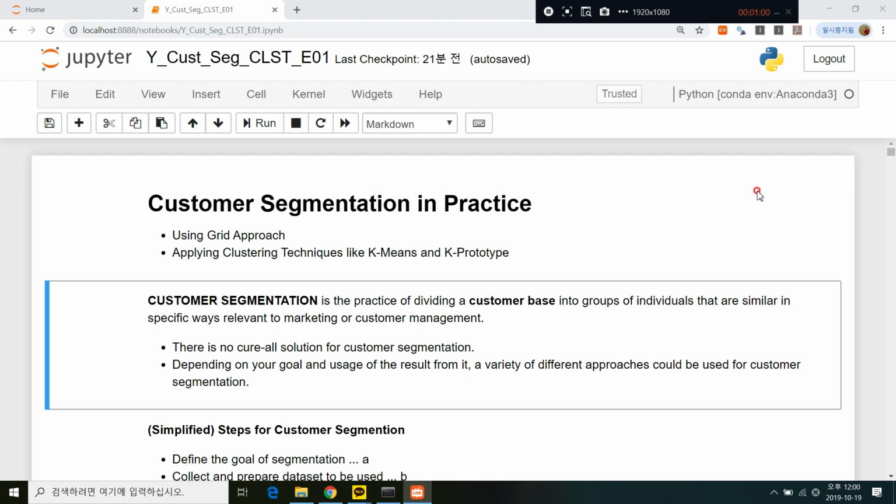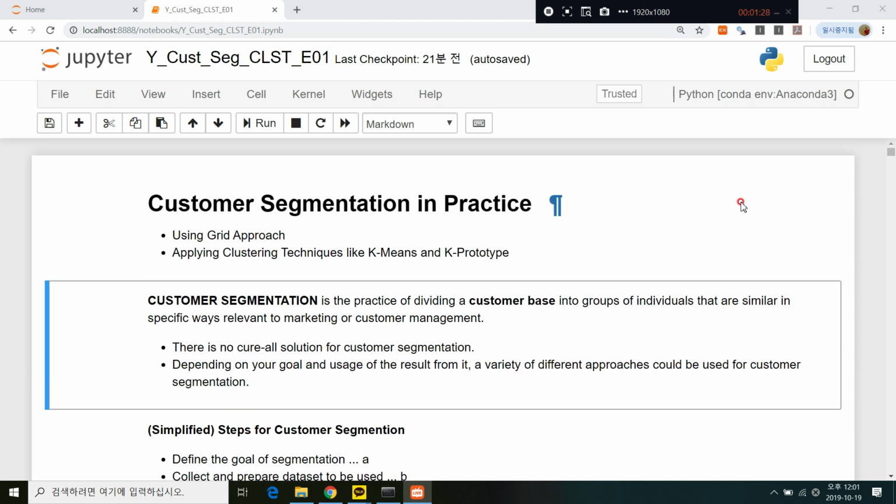Thus, I prepared a mini example customer segmentation process and the results. It should be fictitious, but hopefully you could get some essence of this tutorial and my advice regarding customer segmentation.